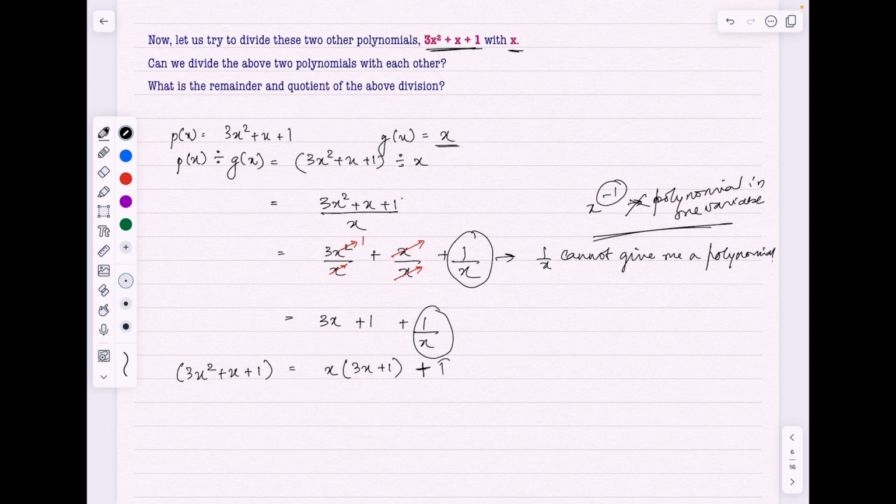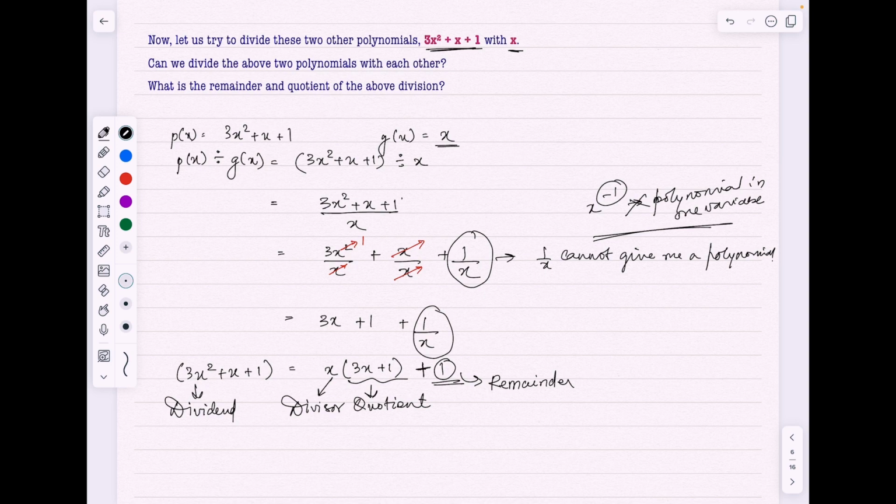I keep this 1 as it is because it is the remainder. It is not getting divided by x. And this 3x plus 1, which got divided by x, gives us the quotient. This x is the divisor, and this is the dividend.